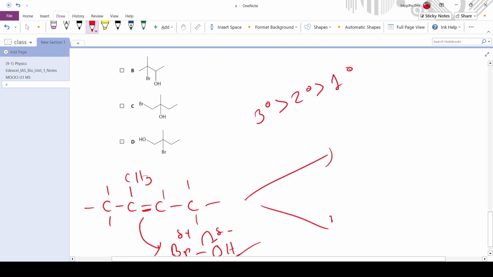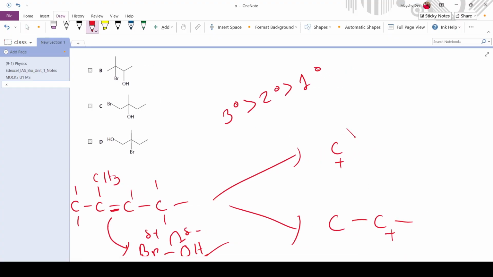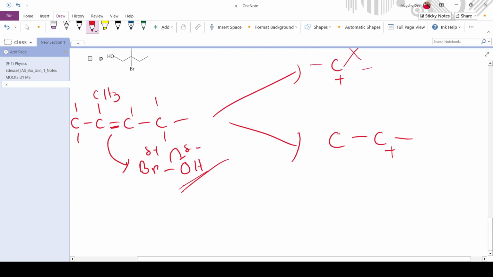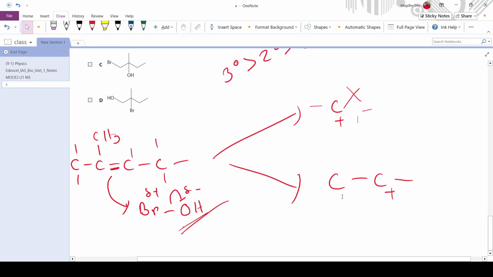You have one this way, another this way, like for instance one here, another one could be produced here, if the bond is broken. Now we don't require the primary carbocation, so we will not use that because that's a minor product. Since they say that the major product is produced, obviously we'll check out the major one.